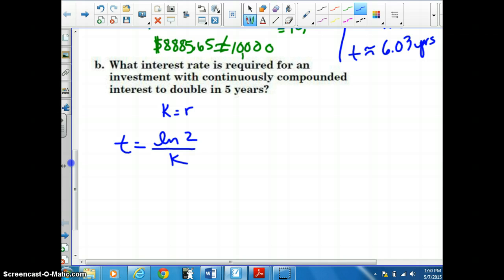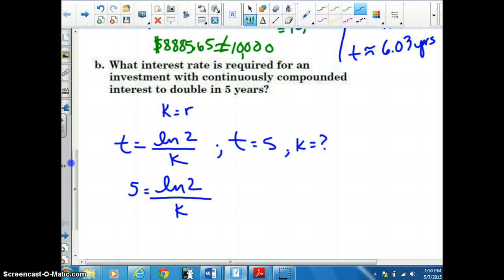We want to know what is k, or r in this case, in order for it to double in 5 years. So if t is 5, what's k? Remember, k is our rate. So we put 5 in for t: 5 equals the natural log of 2 over k.